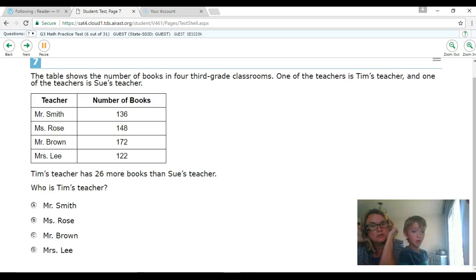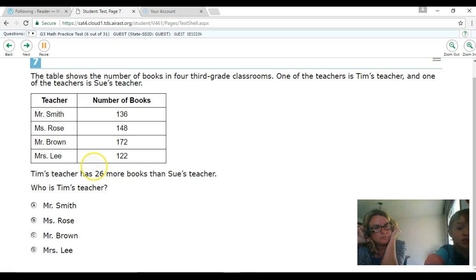Miss Rose. So Tim's teacher has 26 more books than Sue's teacher. Who is Tim's teacher? I have no idea who's Sue's. Well, who has 26 more books than another teacher? What two teachers have 26 more books?